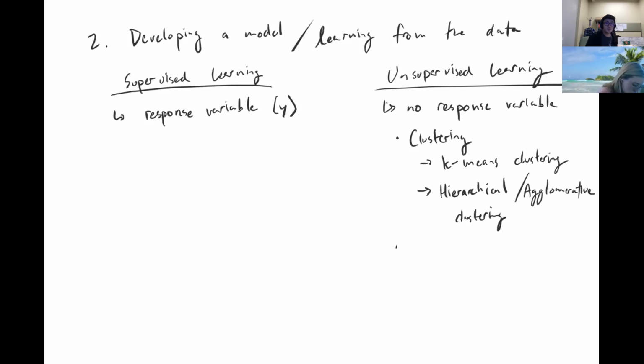And then the other unsupervised learning, which we didn't really cover, is principal components analysis, which is closely related to principal components regression, but instead of looking at the dimension reduction as it relates to some kind of response variable, it's only slicing the dimensions from all of the variables without necessarily a contribution to a specific outcome.